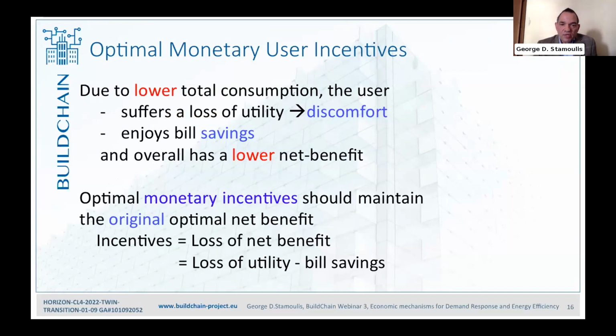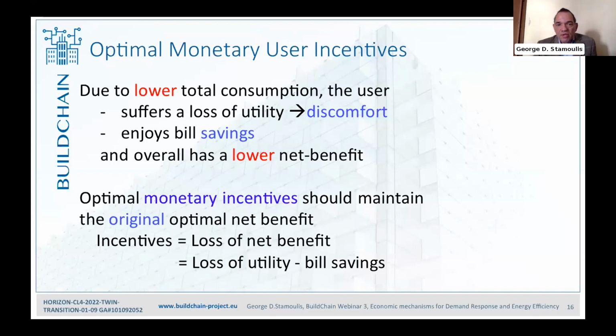And how are we sure that the net benefit is lower? Because we assume that before asking the user to participate in the DR event, he had chosen the optimal schedule for energy consumption.